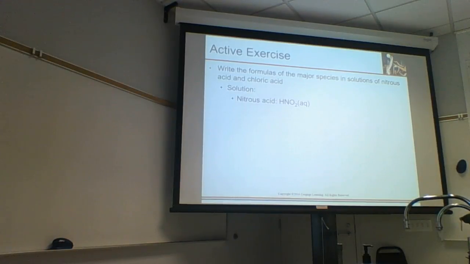Chloric acid is a strong acid or weak acid? It's a strong acid. Strong acids completely dissociate. And so you have 2 choices, H+ and chlorate, or hydronium and chlorate, chlorate being ClO3. So which one can conduct electricity better? Chloric acid.